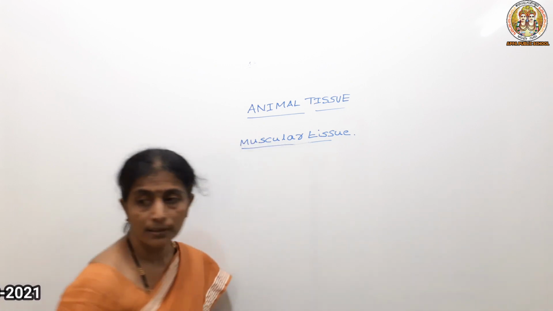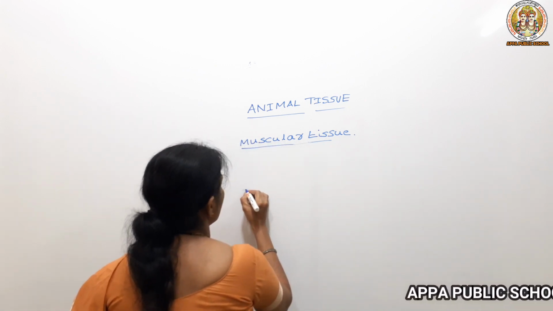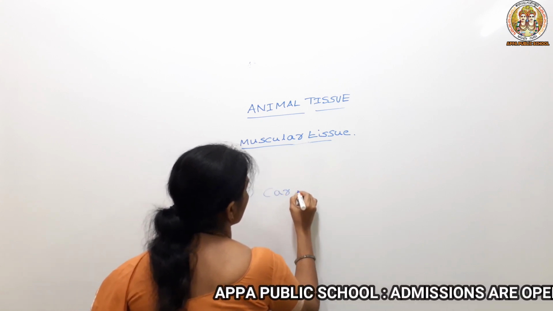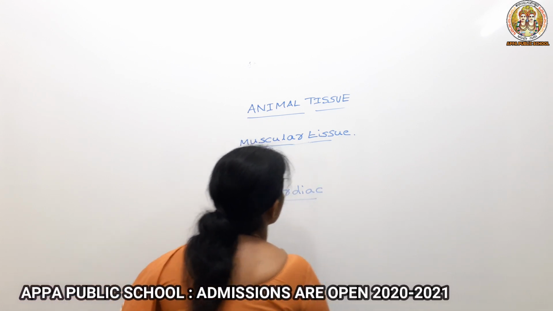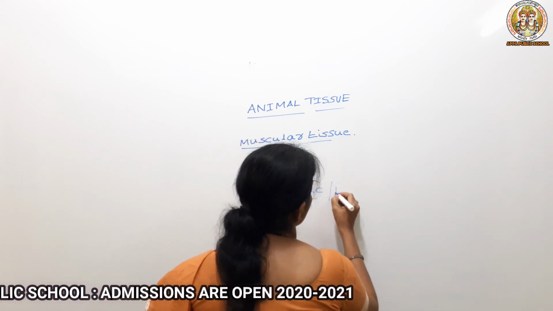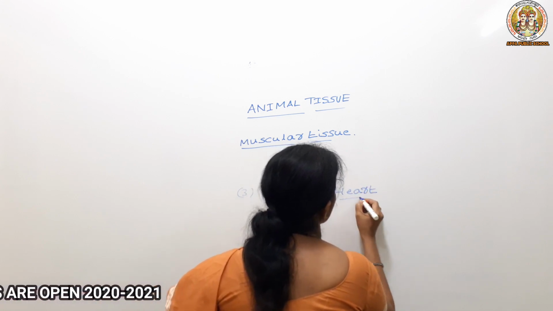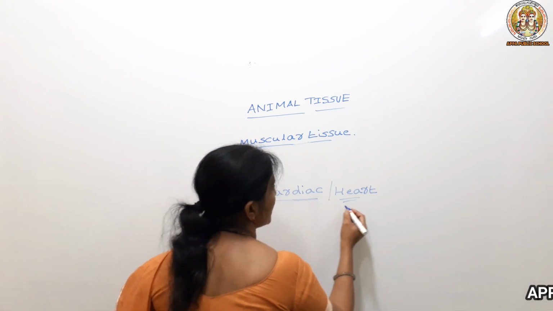Then the third one is the cardiac. We can call it by one name, and we can call it by another name, the heart muscle, because it is present in the heart region. The meaning of cardiac is heart.